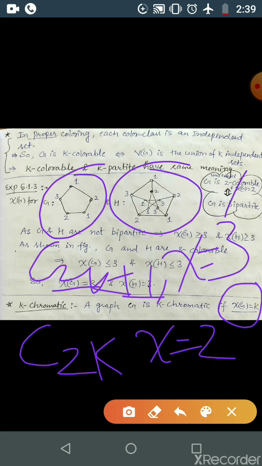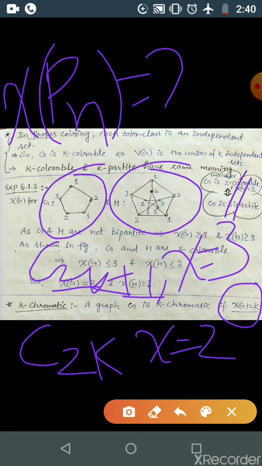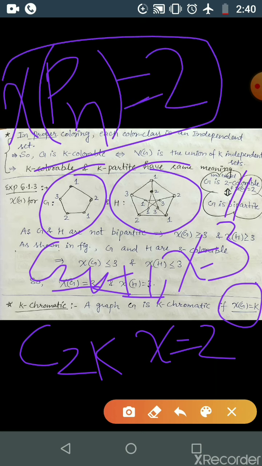That's why its chromatic number is 3, and this is a 3 chromatic graph. Likewise Pn, a non-trivial path, is also a 2 chromatic graph, because minimum 2 colors are required to color this Pn.